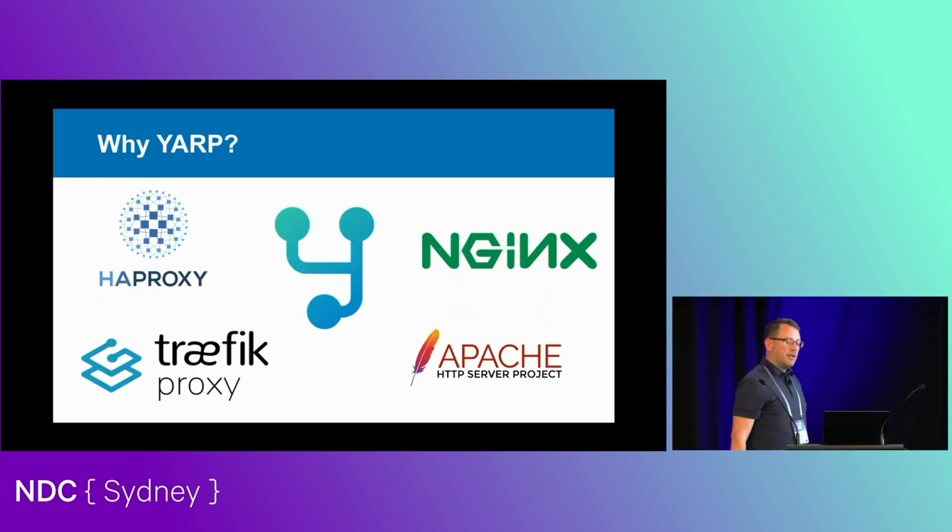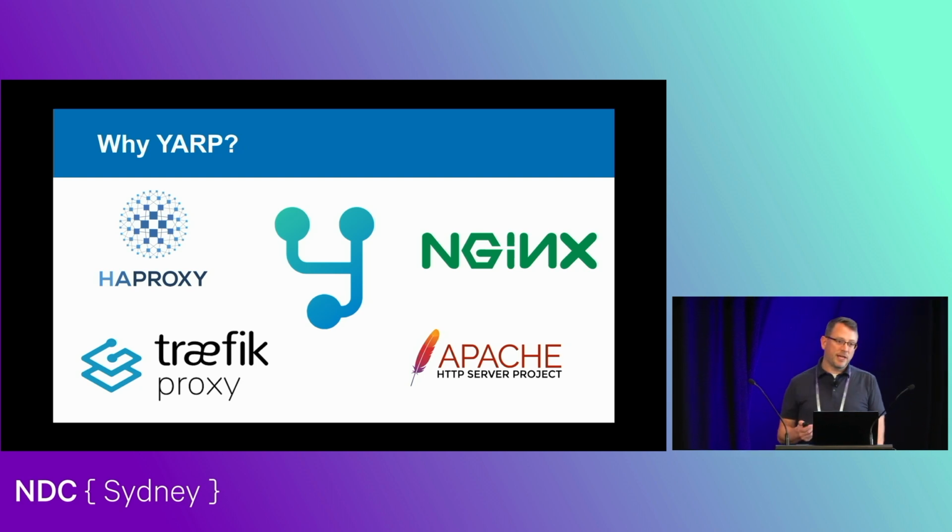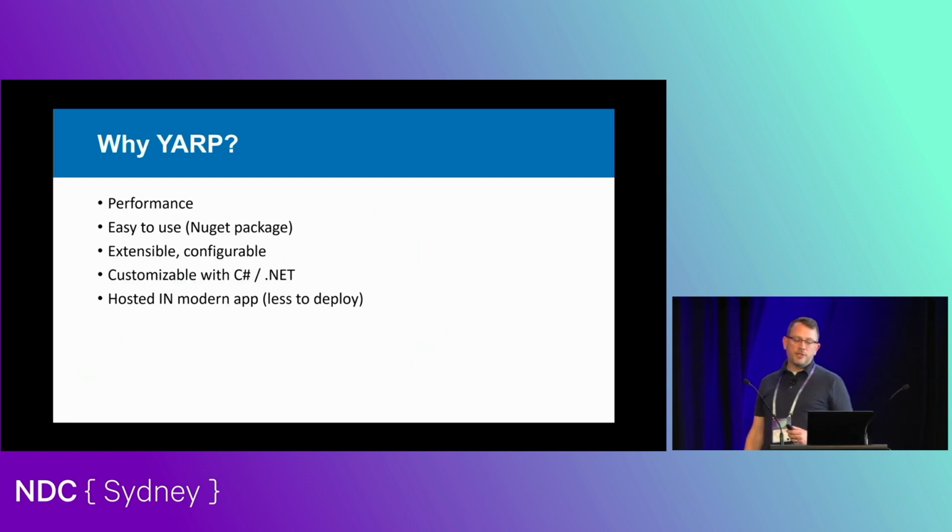All right. So for those that raised their hands before that were using a proxy, but not maybe using YARP yet, you might be thinking, okay, we've already got a proxy. Why would I care about YARP? You're maybe using one of these pretty popular reverse proxies that are out there. So why would you use YARP? Well, number one, it's been written from the ground up with performance in mind.